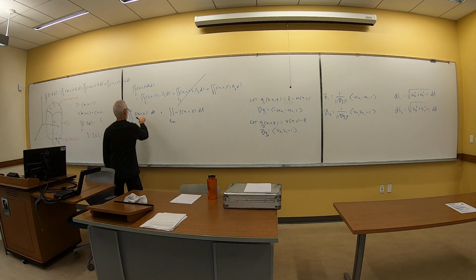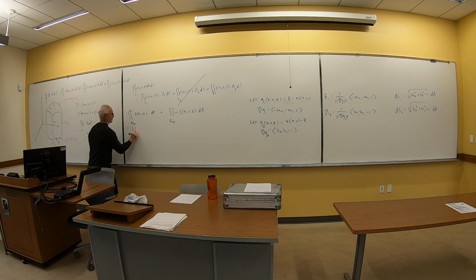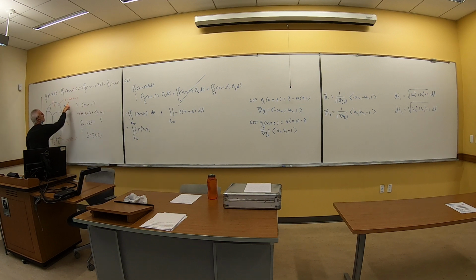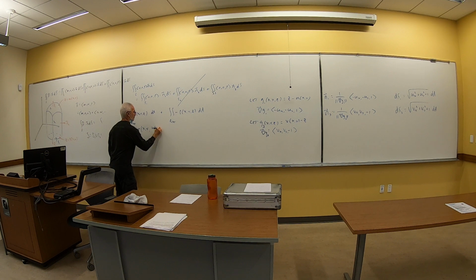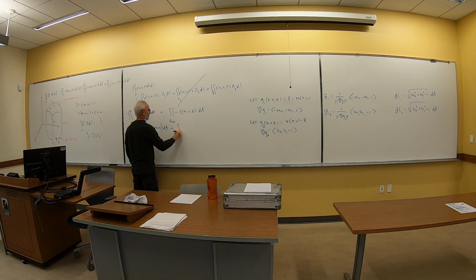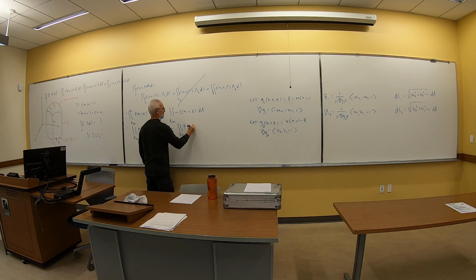So what am I going to replace this with? It's important that we see that. I'm going to put the minus in front then, just to make this prettier. And this will be P of x, y, v of x, y.